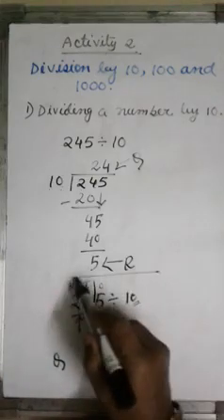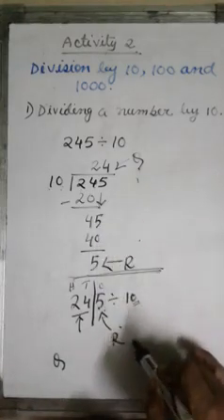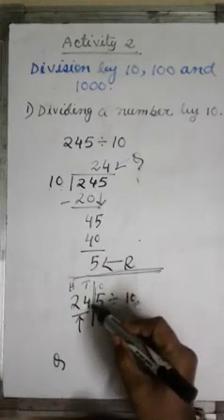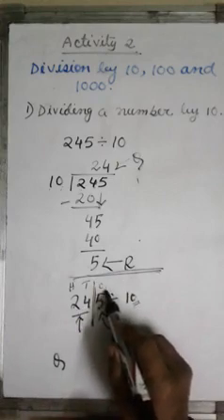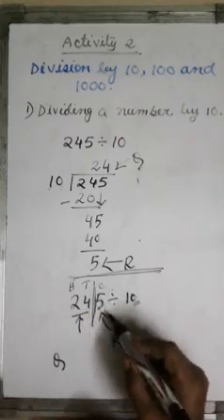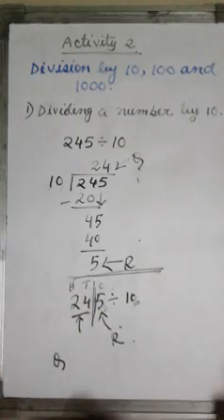In short, without dividing, as it is having 10, separate the ones place digit of the number 245. This will be the remainder, the other 2 digits will be the quotient. This is the shortcut method to solve a number which is divided by 10.